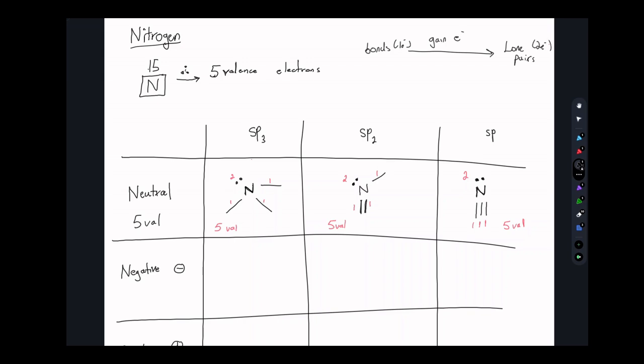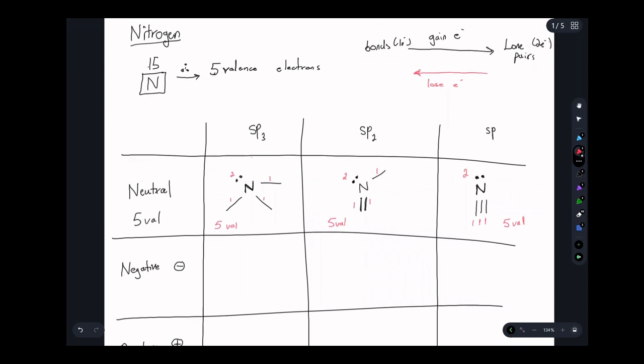This is the only way that you're able to actually gain a negative charge without violating the octet rule. Going backwards, remember that if you're going to lose electrons, then you have to take those same lone pairs and convert them back into bonds.